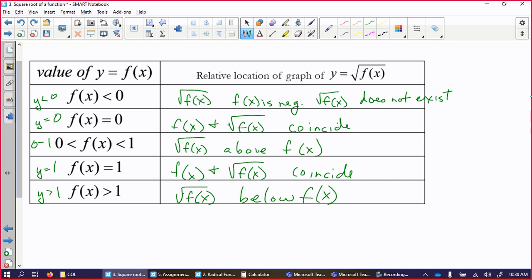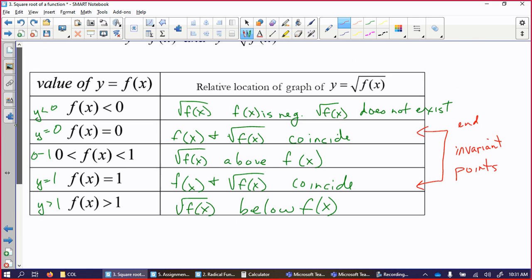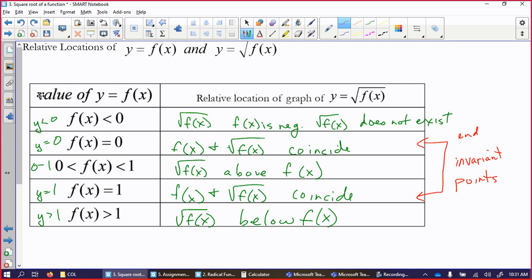So the interesting part about this, and what's important, is that this is going to give us usually an endpoint. We'll look at a couple different things where it's not necessarily, but these are our invariant points when f of x equals 0 and f of x equals 1.